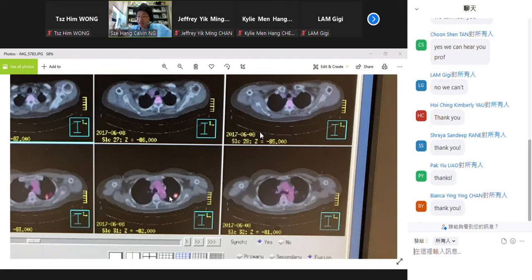And DLCO, of course, looks at the gas exchange capability of the lung. So not so much the volume exchange, but the gas exchange capability, carbon monoxide diffusion. So if you have some lung fibrosis, which affects the gas diffusion surface between the alveolar and the capillary membrane, the capillary network that encompasses the alveolar, then that will of course affect diffusion of gas, and that will affect the DLCO.